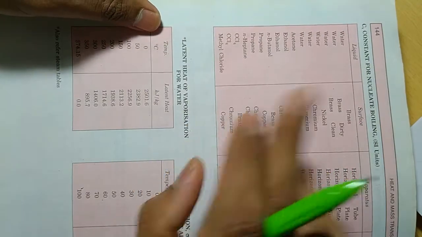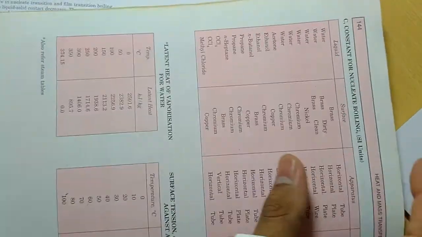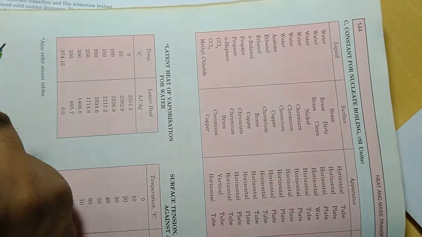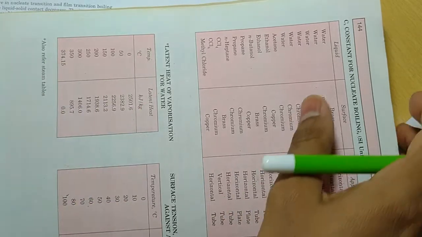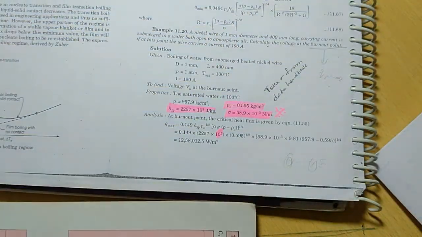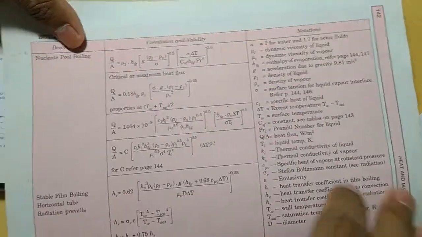This is one good textbook, by Mahesh M. Rathore. In the notes I also gave the reference. If you get this textbook, refer to it. Most preferably I refer to the Mahesh M. Rathore heat transfer textbook.